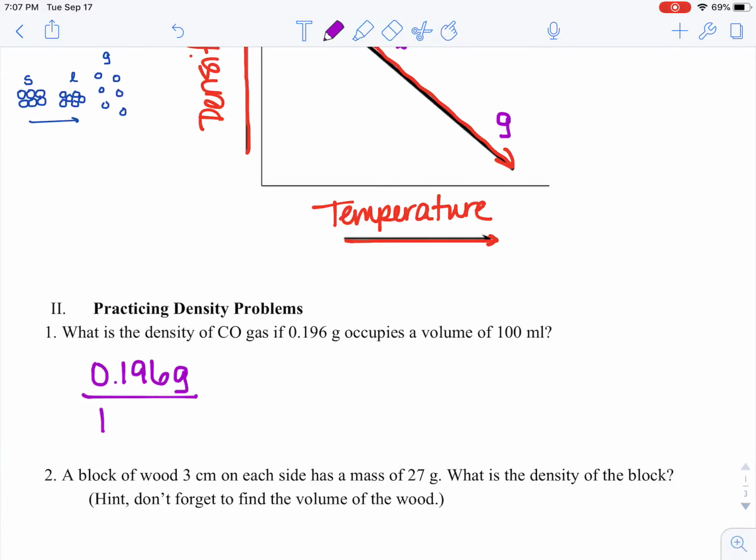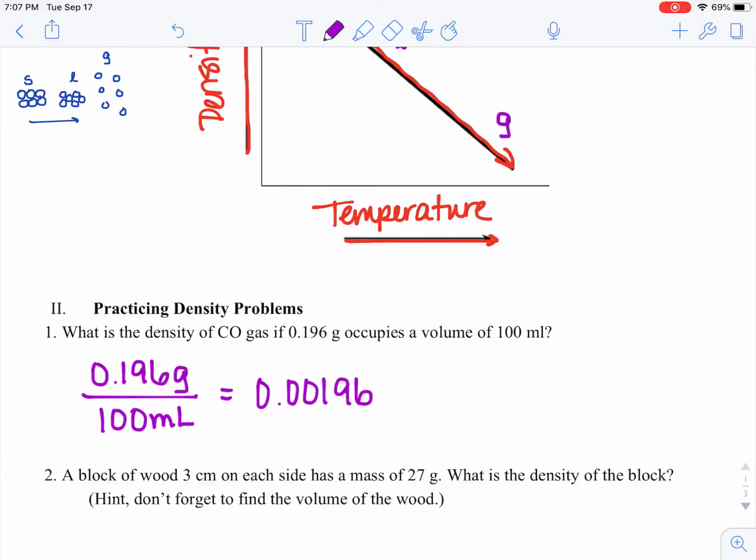and 100 milliliters. So using our calculator, we do 0.196 divided by 100, and we get 0.00196 as our number.